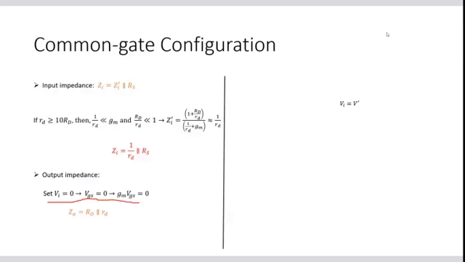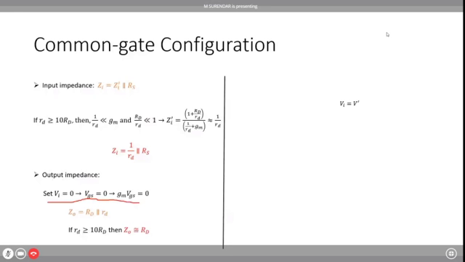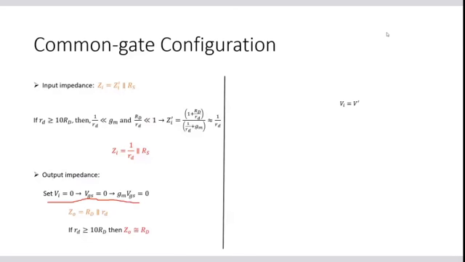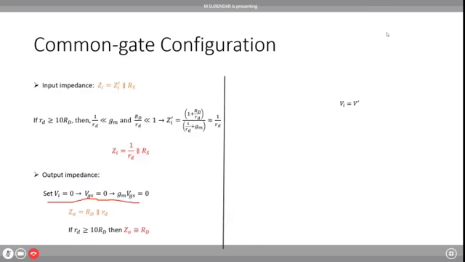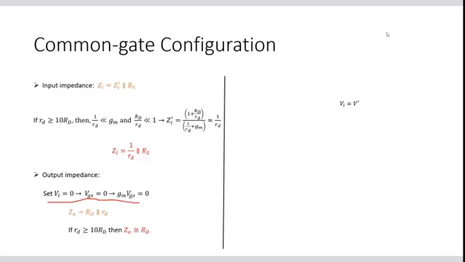Now on approximation, generally small rd is considered to be higher than capital RD. So since small rd and capital RD are in parallel, we can replace capital RD parallel with small rd by capital RD, because rd is very high in a parallel connection. So we can replace that with the smaller resistance.